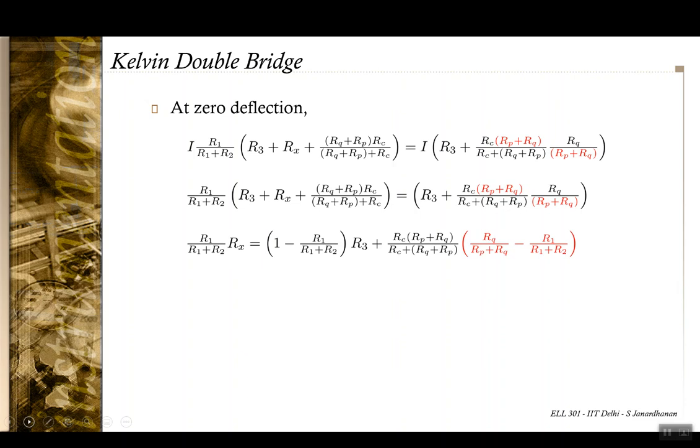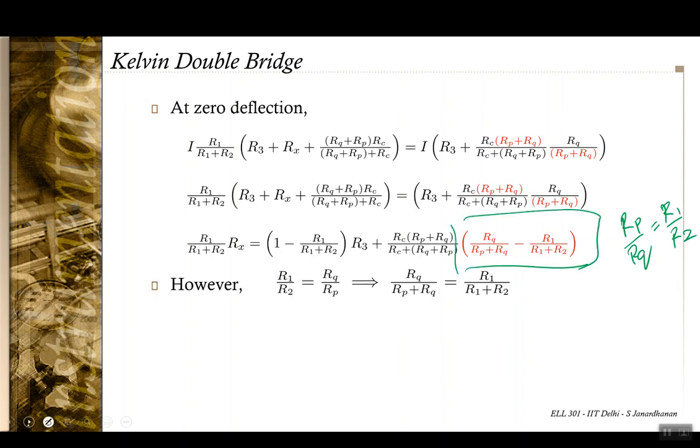Okay, now we have chosen Rp and Rq in a manner such that Rp by Rq is the same as R1 by R2, which would mean that this part would go to 0. Okay, and that would mean that the entire equation simplifies to this simple equation, which looks like the equation for a Wheatstone's bridge setup itself.